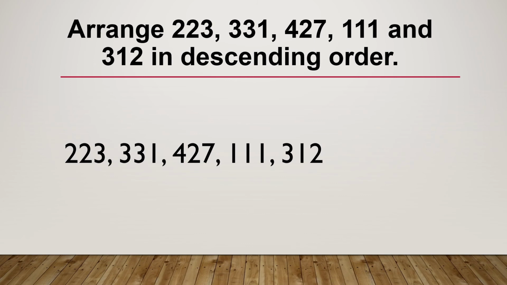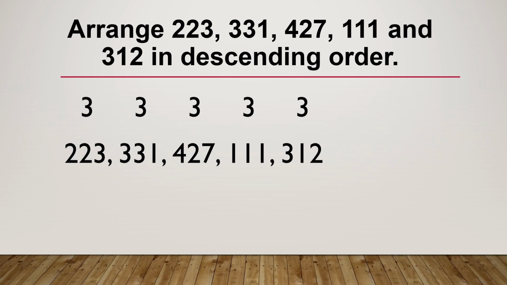Here in 223 there are 3 digits. 331 also there are 3 digits. 427 there are 3 digits. 111 also there are 3 digits. And 312 also there are 3 digits.